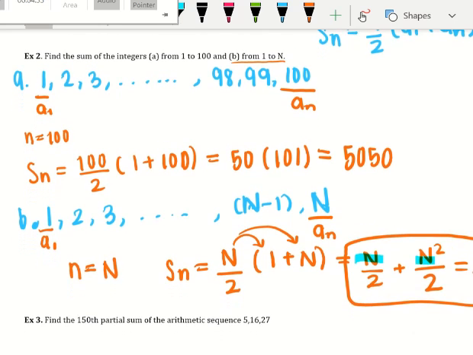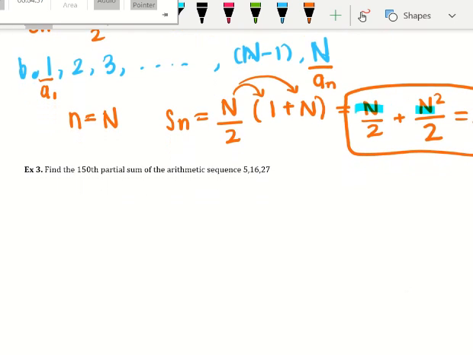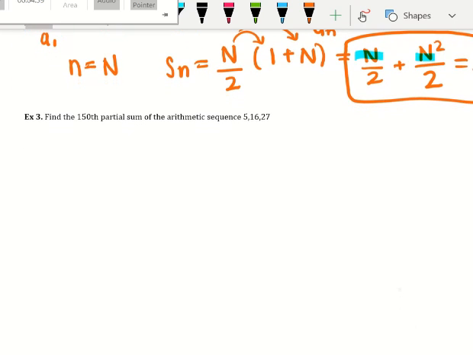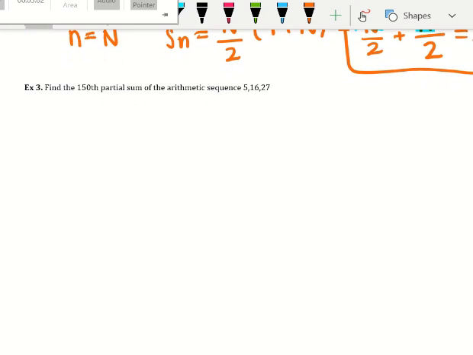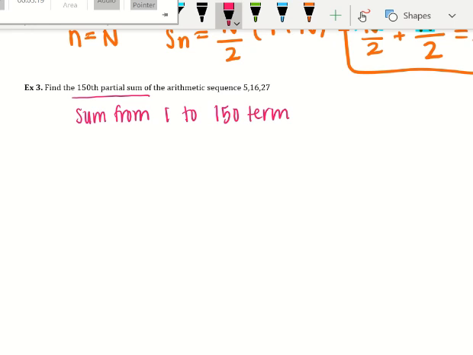All right, example number 3 says find the 150th partial sum of the arithmetic sequence 5, 16, and 27. Well, 150th partial sum means the sum from 1 to the 150th term. So we have to find the first term, which we already have, 5, and then we have to find the 150th term.